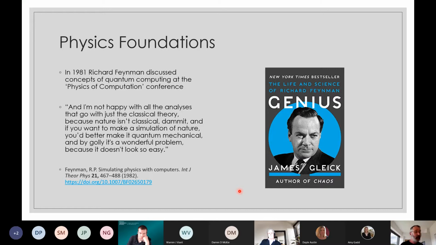The quote below, I won't go through, but it's basically saying classical theories will not work at the quantum level. If you want to really understand the quantum level, you will have to do it. Other people had suggested similar things before, but he kind of set the seeds here for the need for quantum computing.